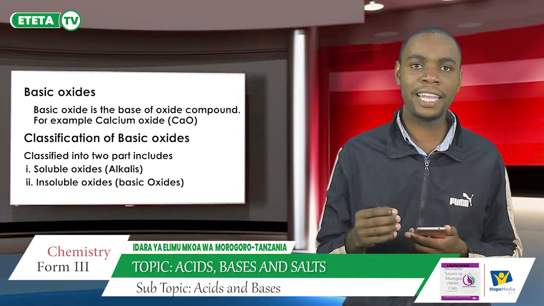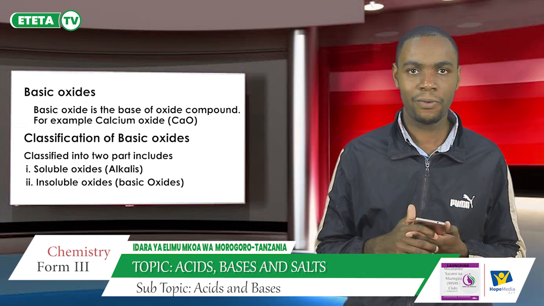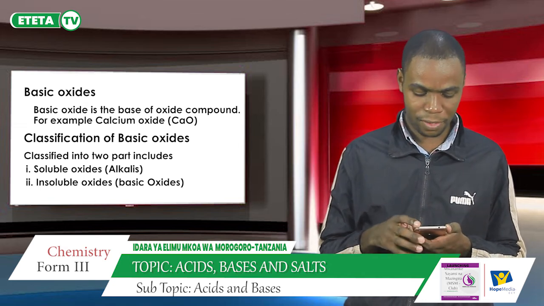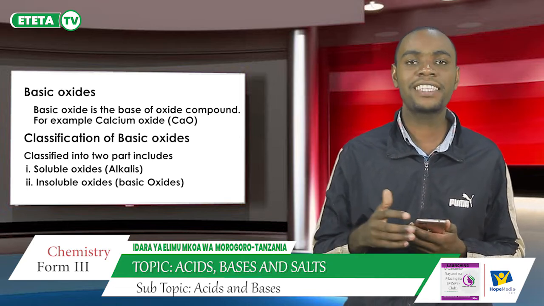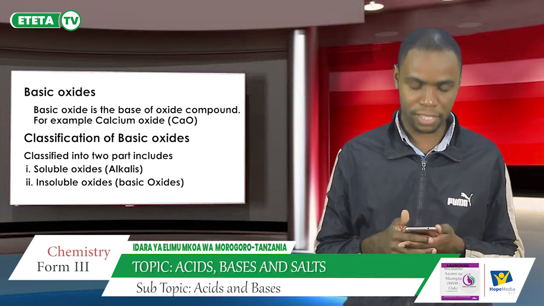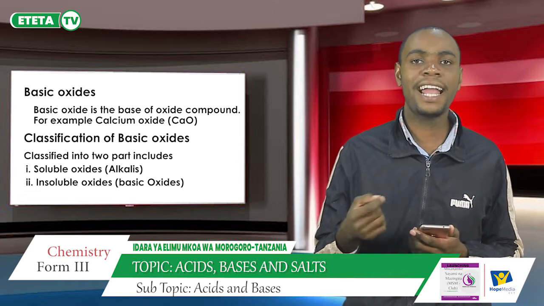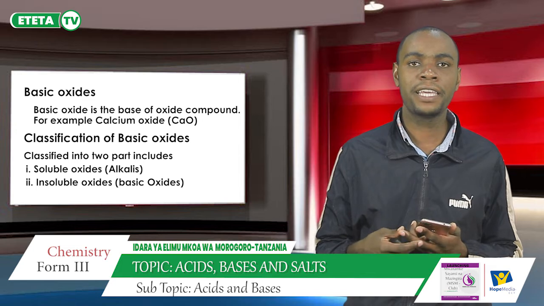Also, the basic oxides are classified into two parts. Which are those, students? The first one is called soluble oxide, and the second one is called insoluble oxide. The soluble oxides are alkalis, and the insoluble oxides are called basic oxides.